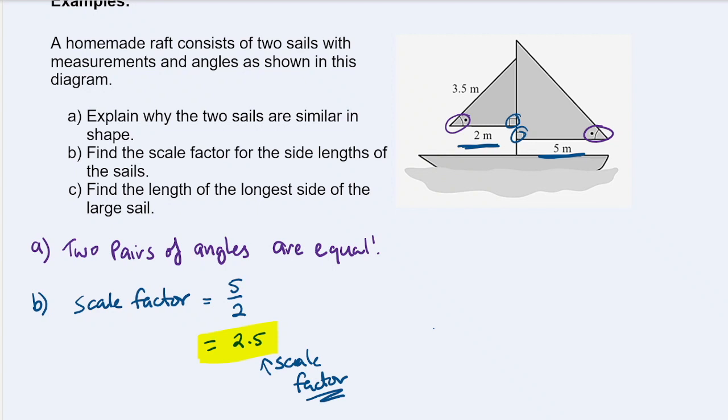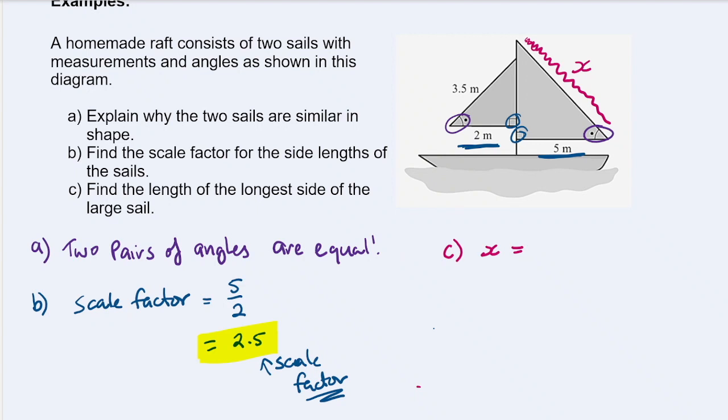Question C now wants us to find this length. Let's call this length X. Pretty easy. So for C, we want the longest side, which is X, and we're just going to use our scale factor.